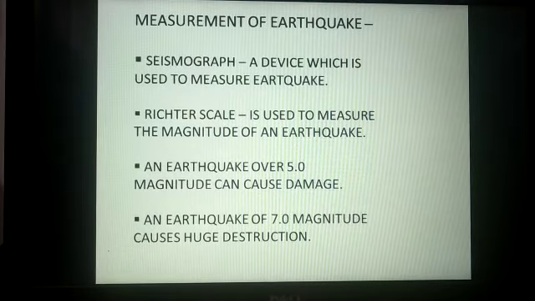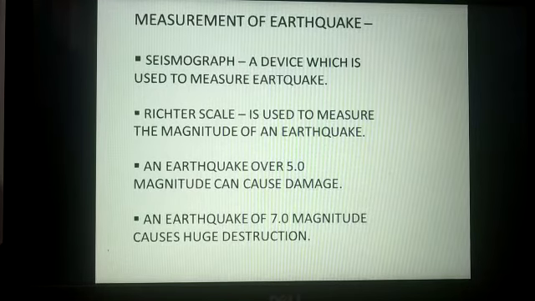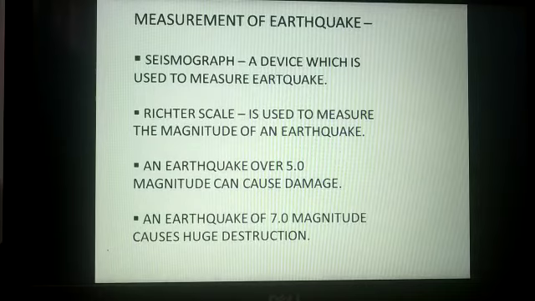An earthquake over 5.0 magnitude can cause damage, and an earthquake of 7.0 magnitude on the Richter scale causes huge destruction. But the tremors can be felt when the earthquake is of 2.0 magnitude on the Richter scale.